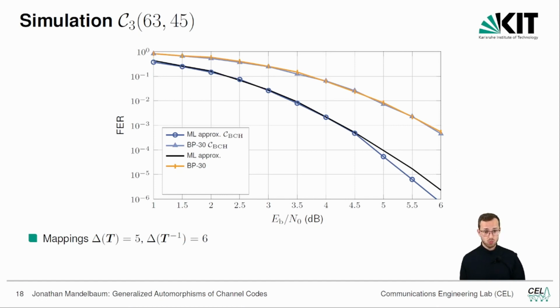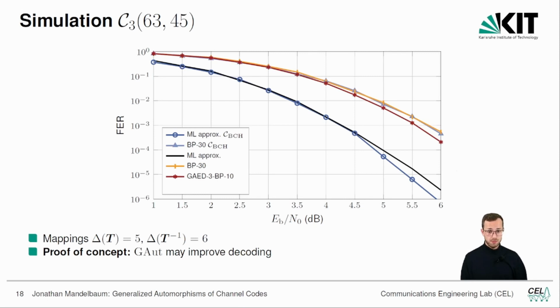And here we can first see the ML performance of the reference code, a BCH code, as well as the BP performance of the reference code. One can see that the ML performance of the BCH code for higher SNR outperforms the constructed code. However, the BP performance of both codes is comparable.